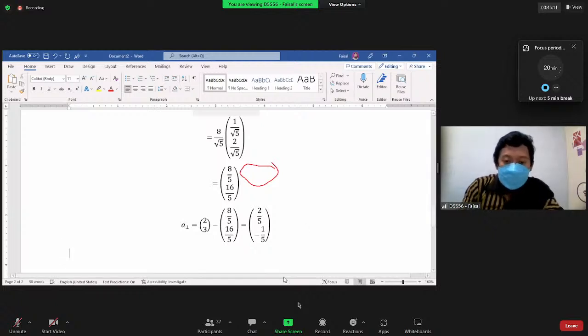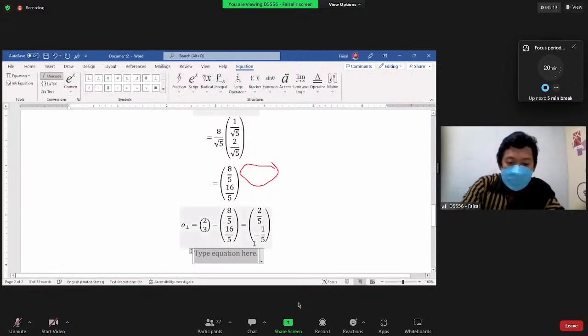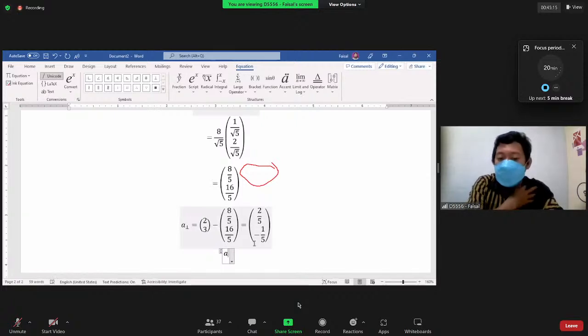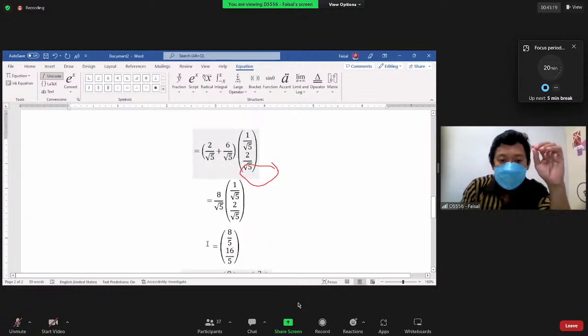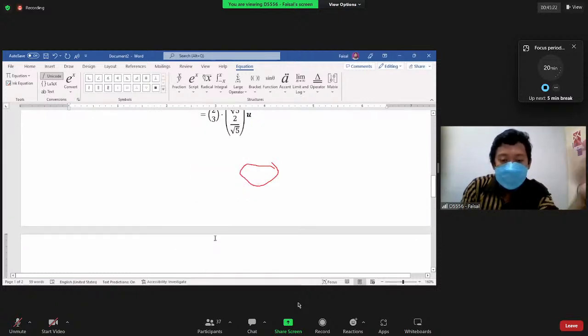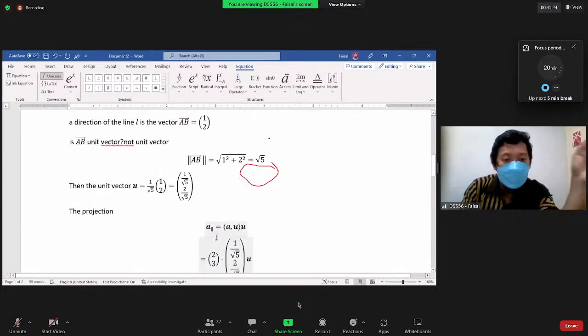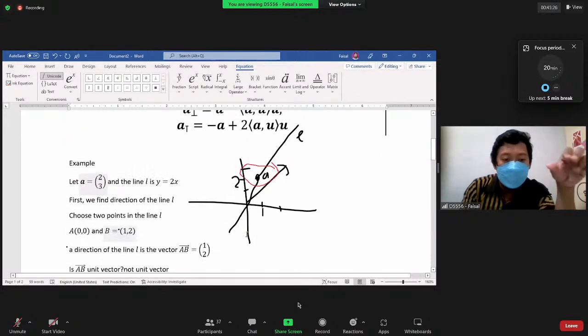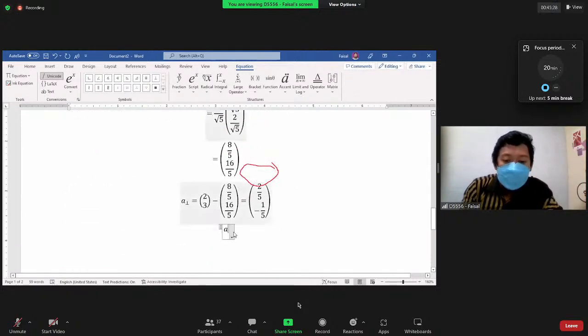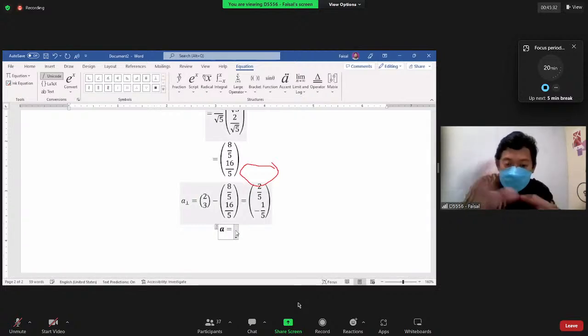If you remember, what is the relation between the projection and the rejection with our vector A?